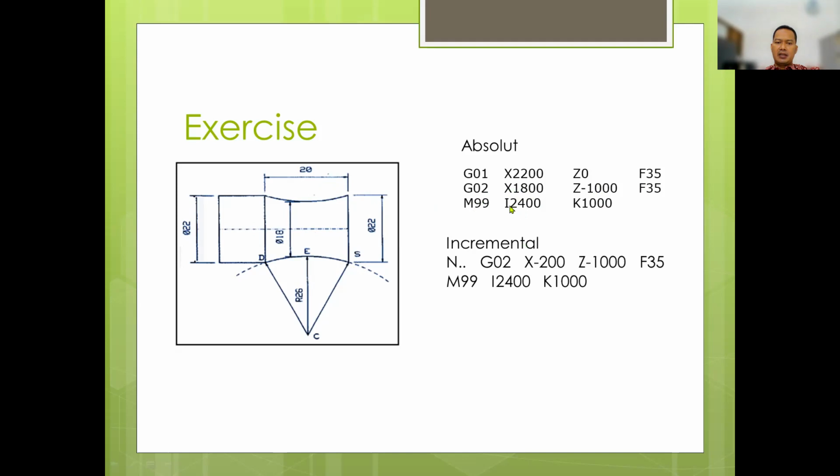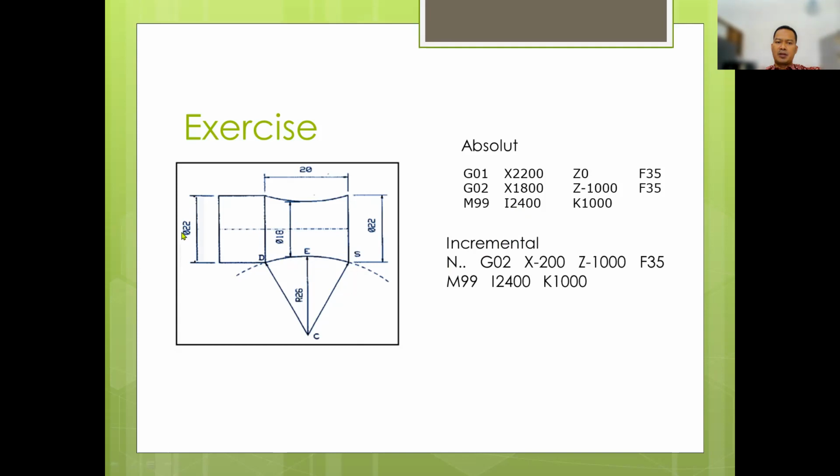The I is the distance from the start point to the center point, but in the vertical line. So from S here to the C. So here from 26 here minus 2 millimeters, because we have the diameter of 18.